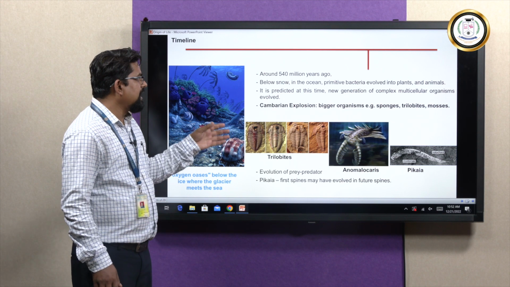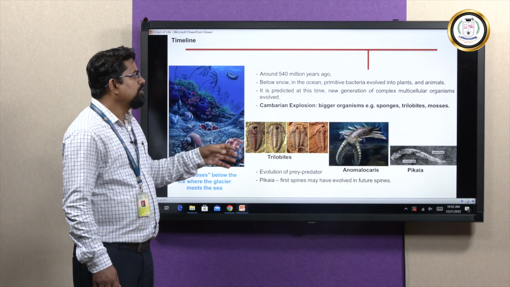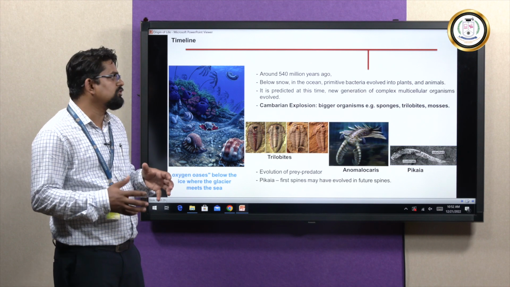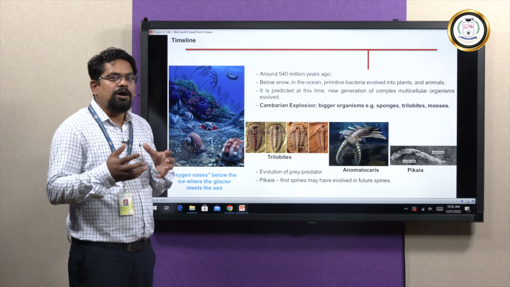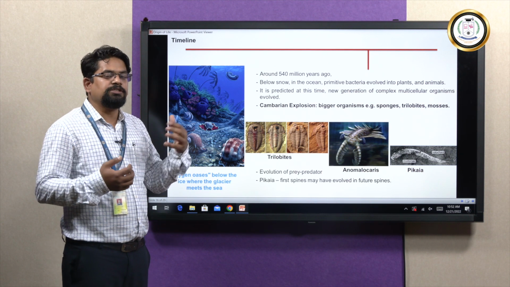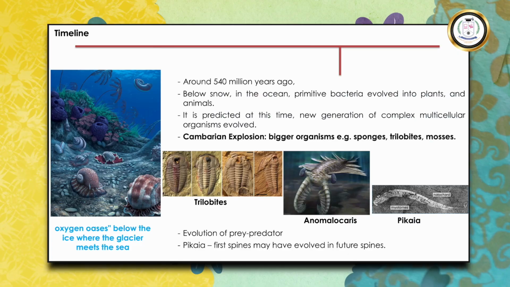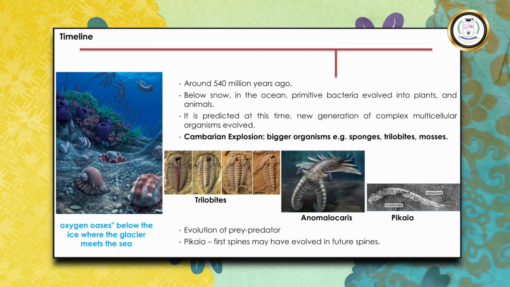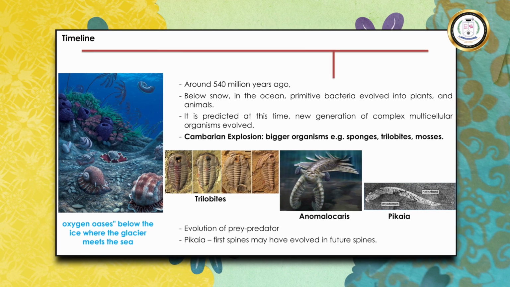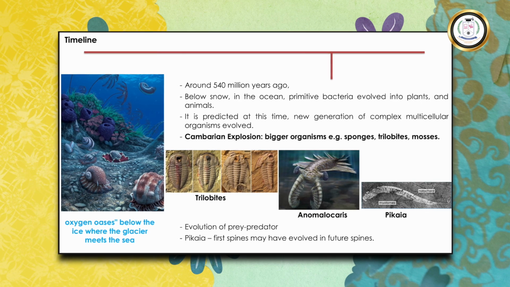And it is predicted that at this time the new generation of complex multicellularity has evolved. Why and how the multicellularity evolved, we will see a little later, but right now we can see it is the era where the Cambrian explosion happened and bigger organisms were present on the planet Earth.